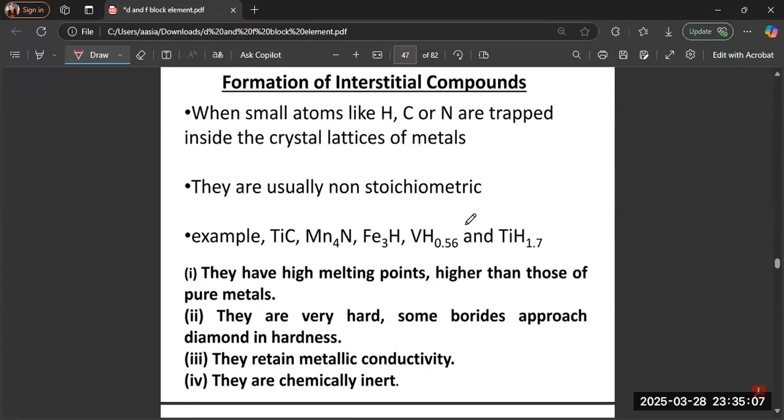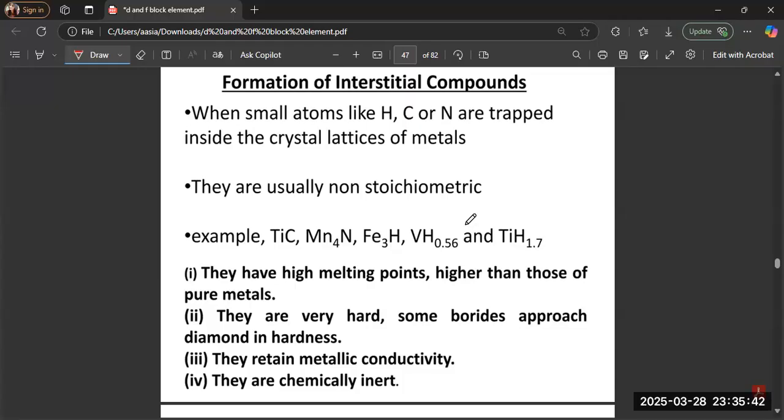Now see, these transition metals also form interstitial compounds. When small atoms like hydrogen, carbon, or nitrogen are trapped inside the crystal lattice of metals, they form interstitial compounds, which are usually non-stoichiometric.